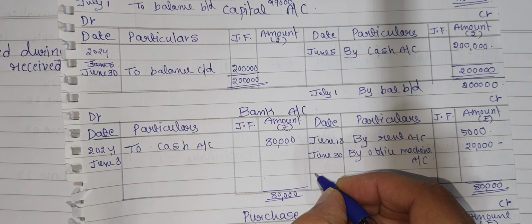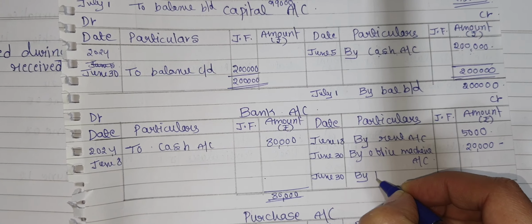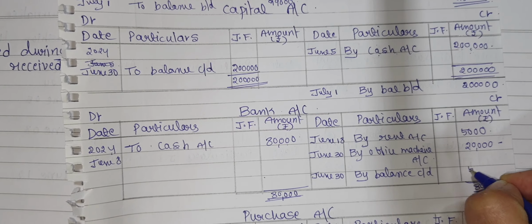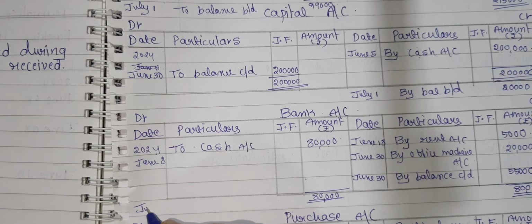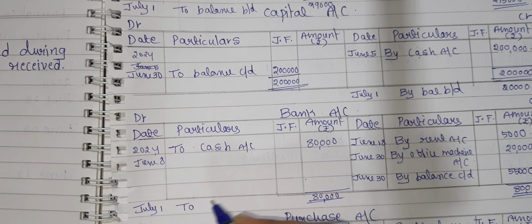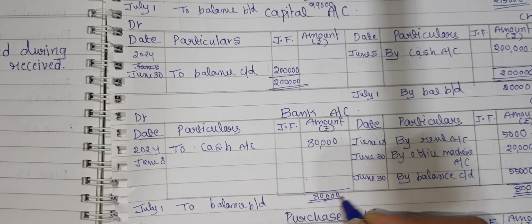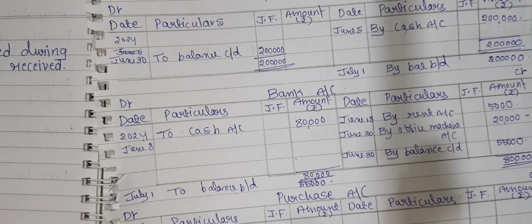So on June 30th, by balance carried on, that is rupees 55,000. And here on July 1st, to balance brought down, that is rupees 55,000. Fine.